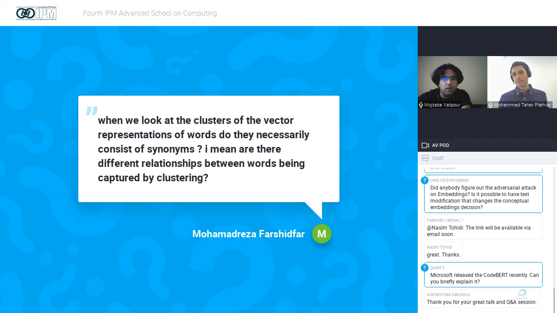Okay, nice. When we look at the clusters of the vector representation of words, do they necessarily consist of synonyms? I mean, are there different relationships between words being captured by clustering, as asked by Mohammad Farshidfar? Yeah, that's another good question. So it depends. We can have also antonyms nearby to each other.